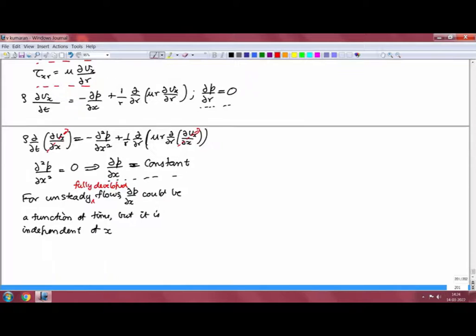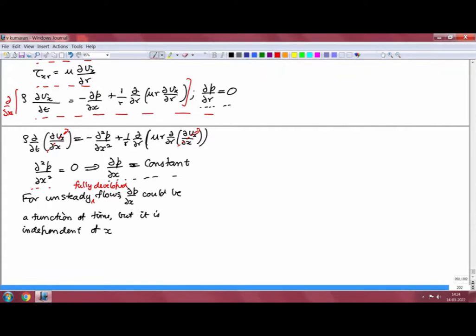I had also made an argument for you that the pressure gradient has to be linear in x. If I take the momentum balance equation and take d by dx of this entire equation, and interchange the order of differentiation, which can be done because r, t and x are all independent coordinates, then I find that the second derivative of the pressure with respect to x has to be equal to 0.